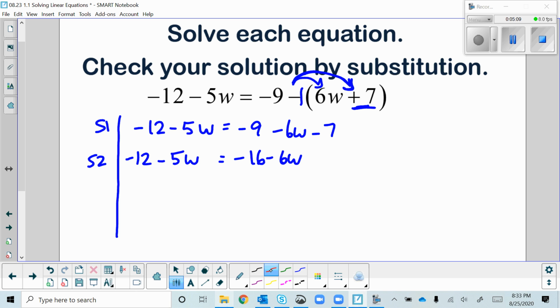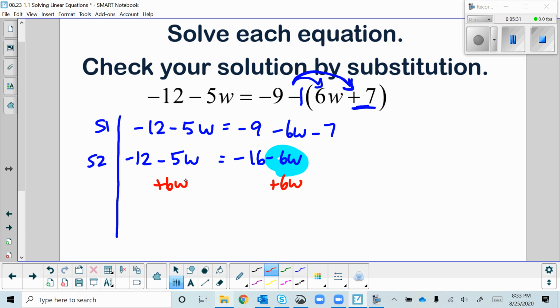In this case, that would look like moving the 6w that's on the right and doing the opposite of it to both sides so that it moves over to the left. That would mean adding 6w to both sides.